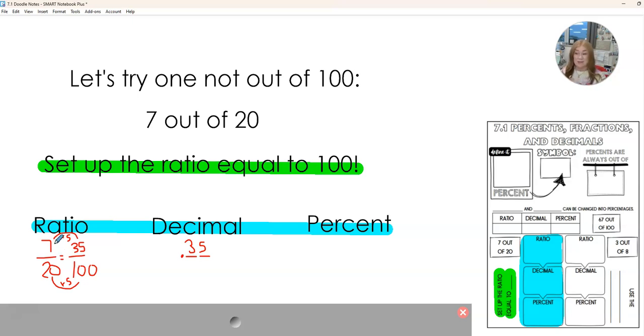That's 70 out of 100. And then the percent, I take my decimal, 35, and write it as a whole number. But when I put the percent sign, it's telling me that it's actually less than a whole thing. They only got 35%. So set them up out of 100 if they're not, and use your number out of 100 to write the decimal and the percent.